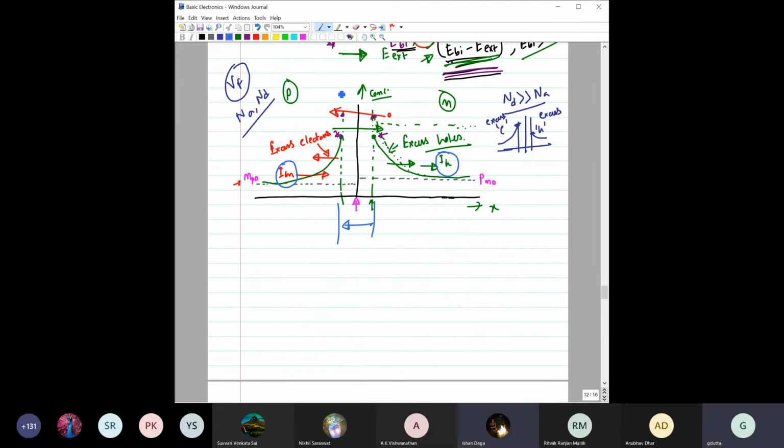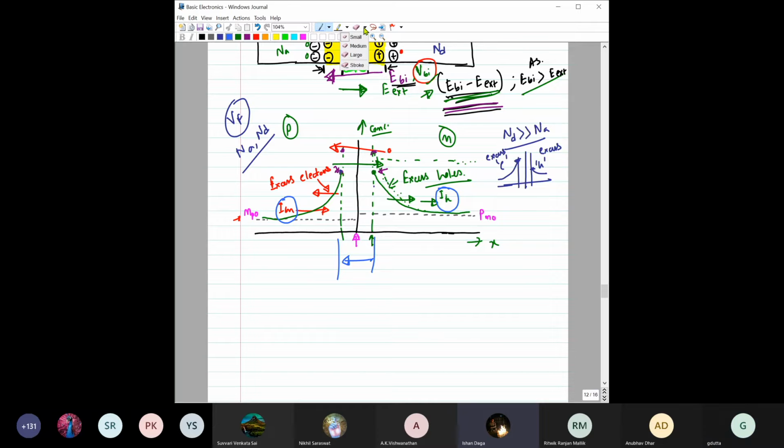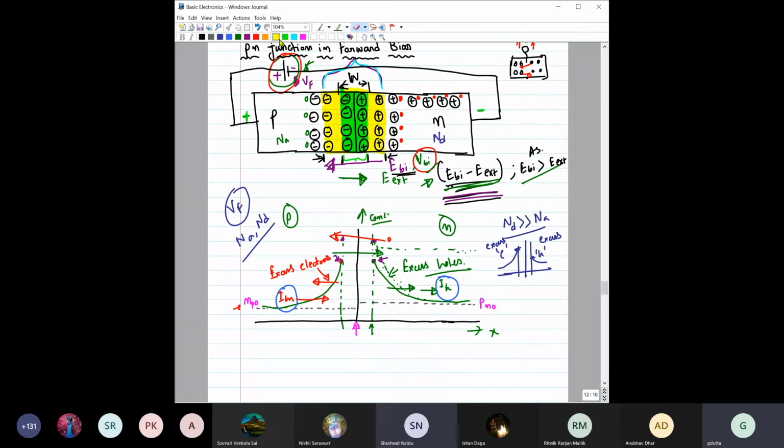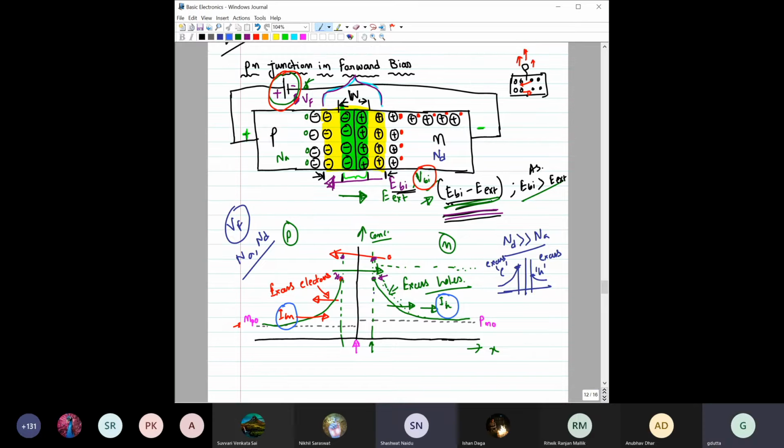Sir, is it correct to say that the width of the depletion region will increase slowly as time proceeds? Because as the diffusion is happening, initially this depletion region was formed due to the diffusion only.